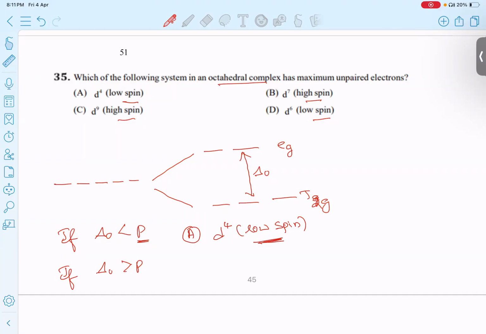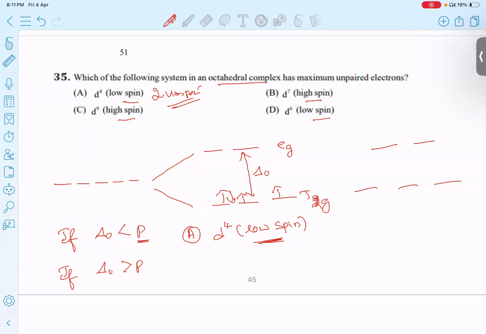So distribute the electrons: 1, 2, 3, 4. In the low spin complex there are only two unpaired electrons. Next, d7 configuration, high spin complex.